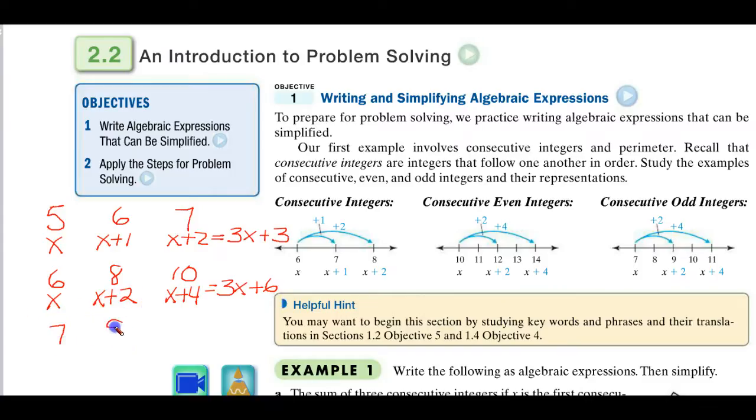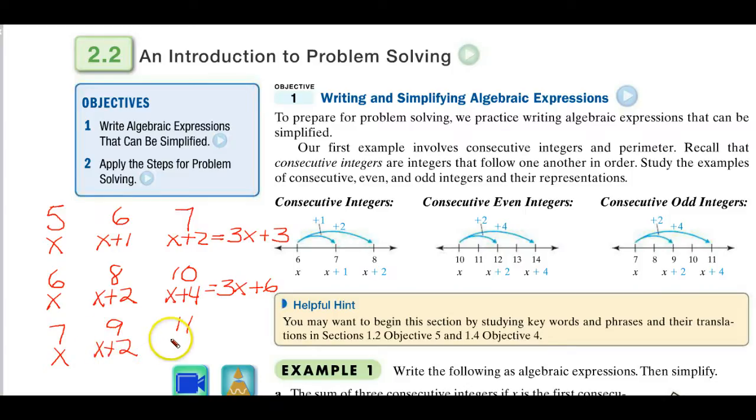7, 9, 11. Now if our first integer, which is odd, we're defining as x, how many more do I need to get to the next odd integer? You might say, well, you just add 2 to it.